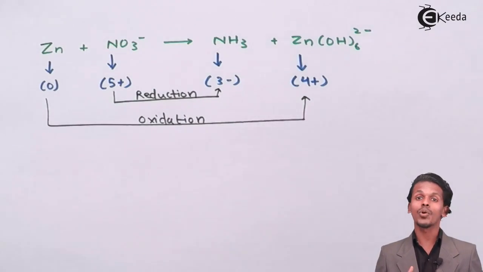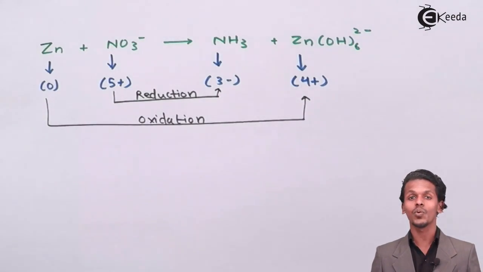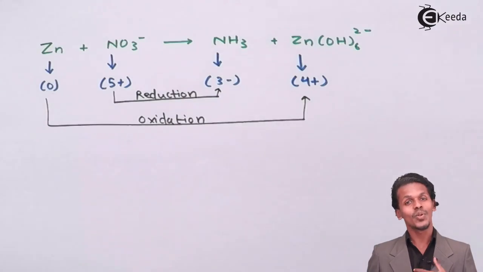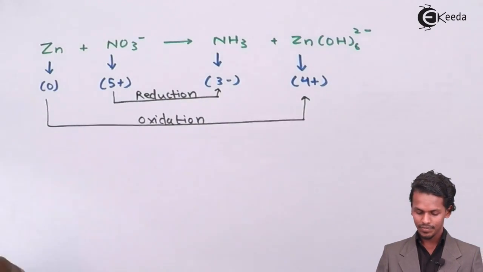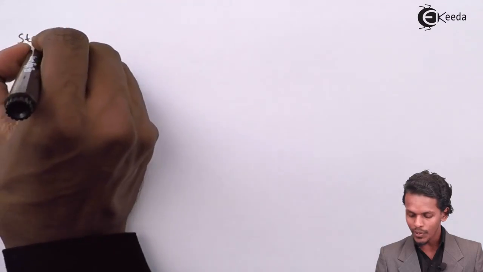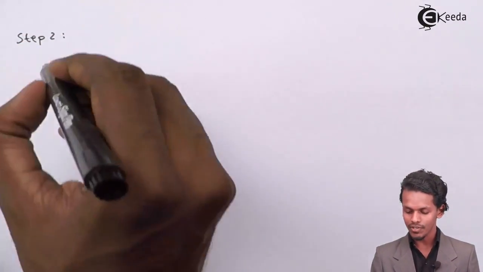So with the help of this, we are going to move towards step number 2. And what is step number 2? Step number 2 is balancing the electrons. So let us see how many electrons are being gained or lost during this process.